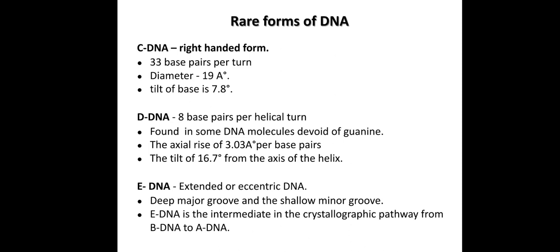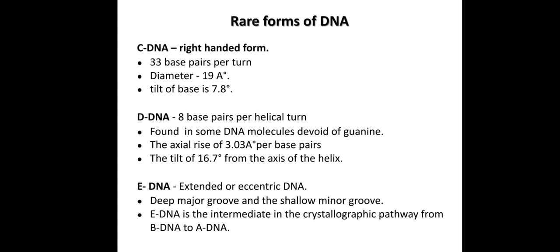Next, other than these three forms, there are also other forms of DNA that might be found in experimental conditions or in other adverse conditions, like CDNA, which is a right-handed form. Here there are 33 base pairs per turn, so a highly compact one, and the diameter is around 19 angstroms, and tilt of the base is about 7.8 degrees.